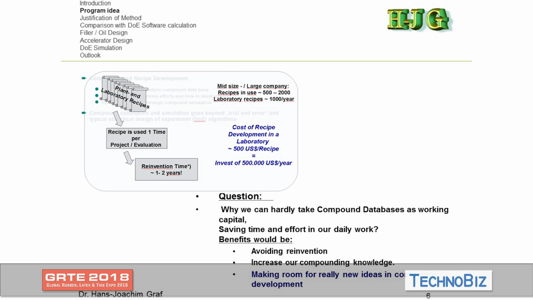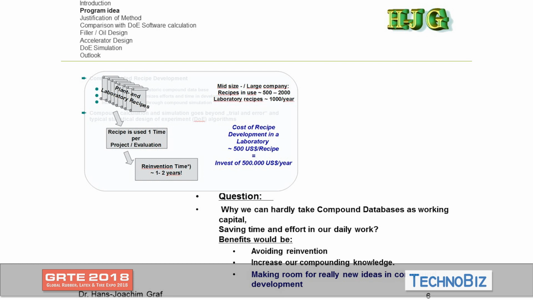Okay, what I do now here, I give you a short impression of how much money we are talking about. In the European environment, you can say every recipe you write on a piece of paper, actually manufacture and then test is a value of around 500 euro. And when you multiply now 500 euro with 40,000, you know we are talking about a couple of 10 million already spent.